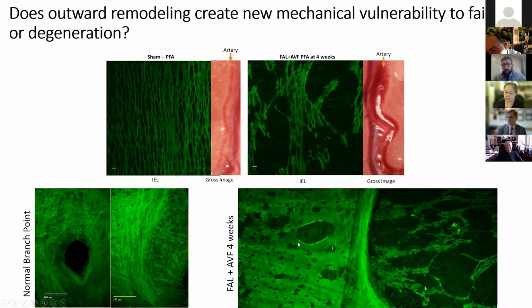There's a rather abrupt structural change that occurs normally. And then in the case of this remodeling that occurs in arteriogenesis, you see that there's a lot of fraying and a lot of damage that appears in the IEL.